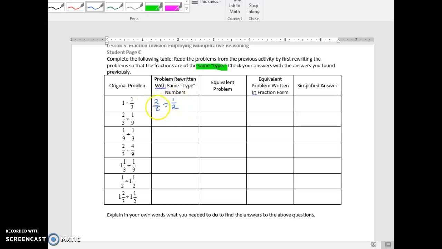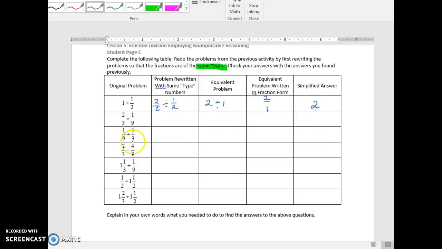And now that we have equivalent colors, we can just do 2 divided by 1, which is the same thing in fraction form as 2 over 1, and that simplifies to just 2.